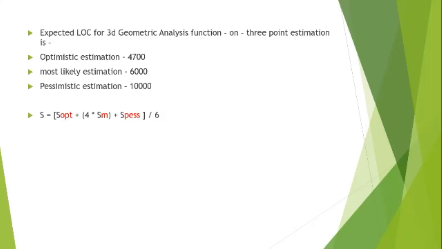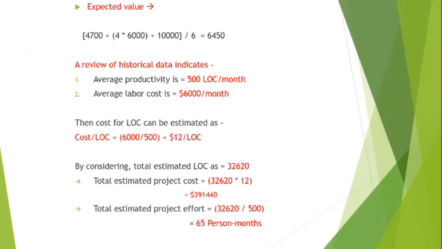Here the formula used is S = (S_opt + 4 × S_m + S_pess) / 6. Here S_opt means optimistic estimation, S_m is the most likely estimation, and S_pess is the pessimistic estimation. These are the expected values from which we can easily calculate the estimate.